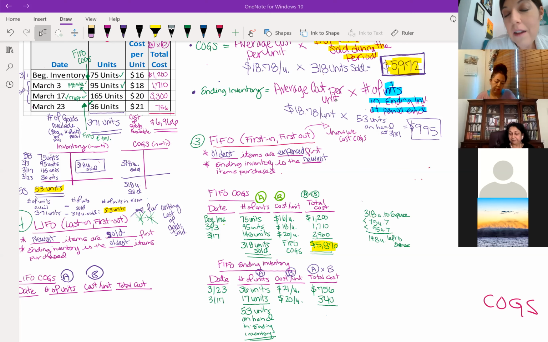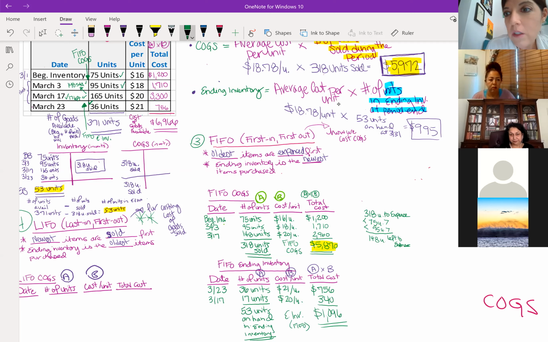Yes, it is. So I know that I have the correct number of units in ending inventory. And under FIFO, ending inventory equals 1,096, which is correct.